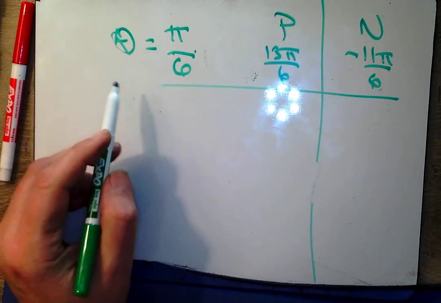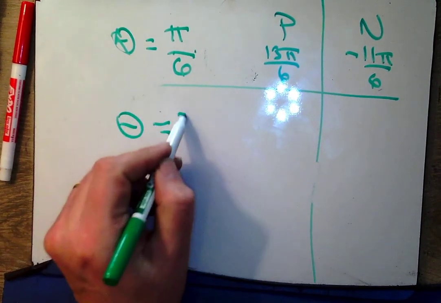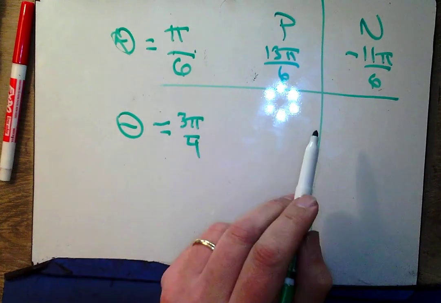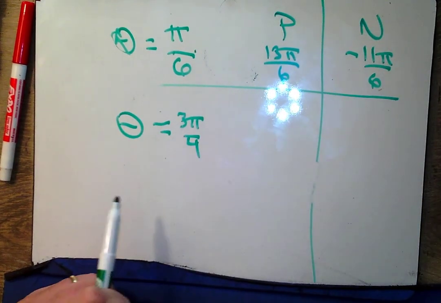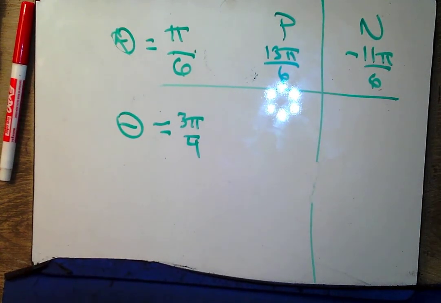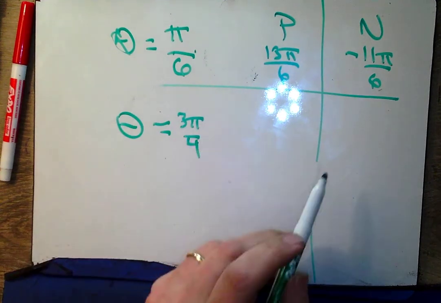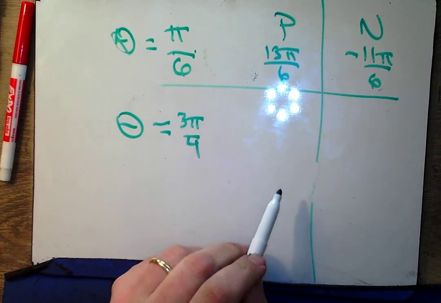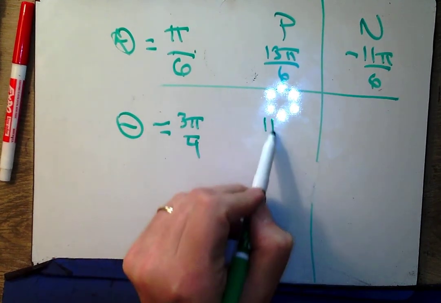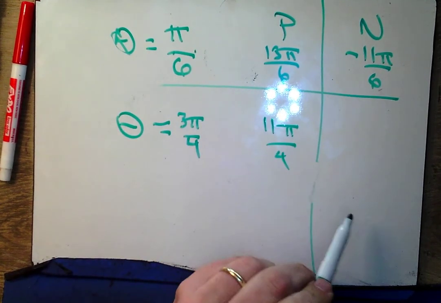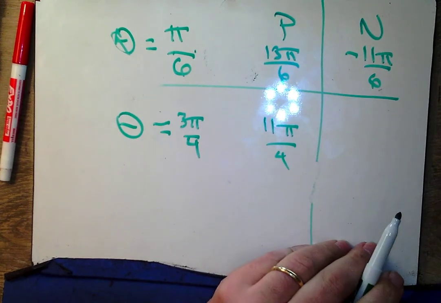Okay. What if theta is 3 pi over 4? Will you give me one positive and one negative coterminal angle in that situation? Okay, so if I add 2 pi to that, that's 8 pi over 4, so this is 11 pi over 4 for another positive coterminal angle.